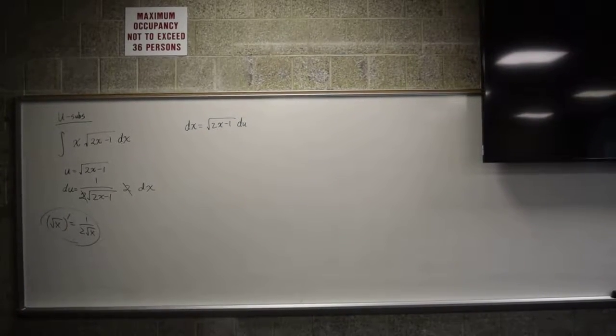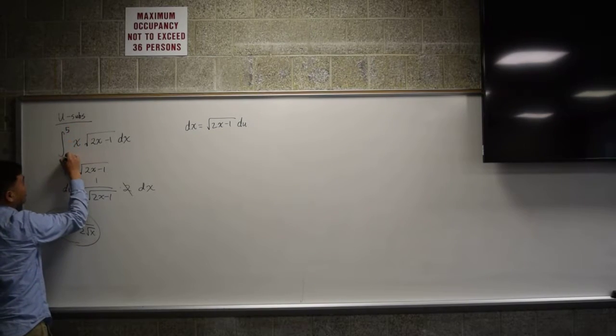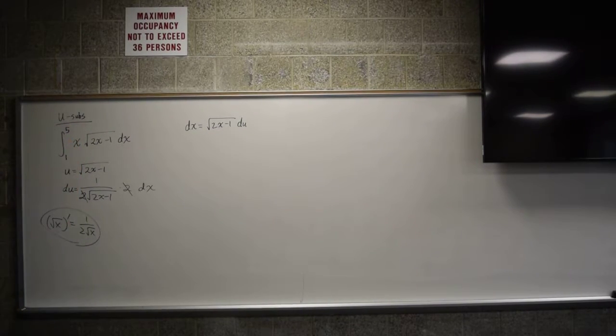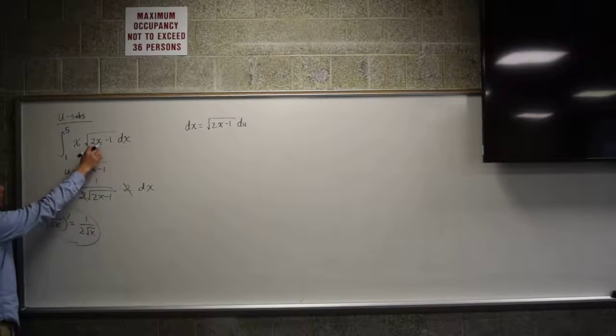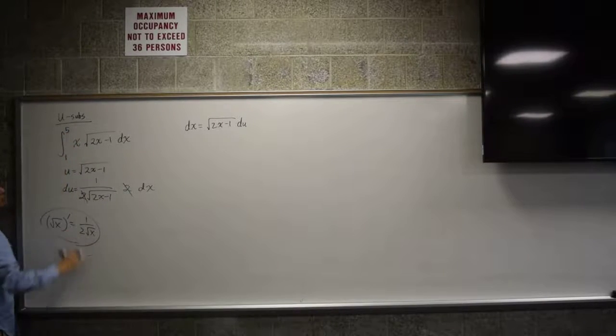And then the third step is, well, if this wasn't a definite integral... yeah, let's try a definite integral because you need definite integrals. So let's try this one. Definite integral, 1 through 5. In the case of a definite integral, not only do you have to change the x into u, but you should also change these limits into values of u.